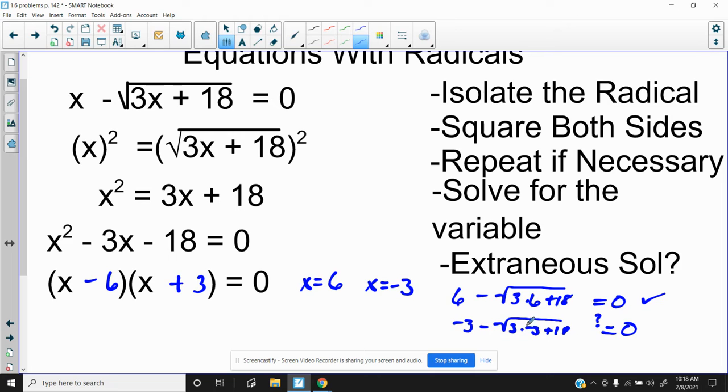Well, when we look at these square roots here, we're talking about the principal square roots only. So I do have the square root of 9, but negative 3 minus 3 does not equal 0. So the solution is x equals 6.